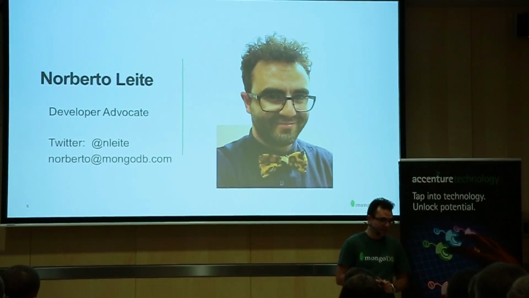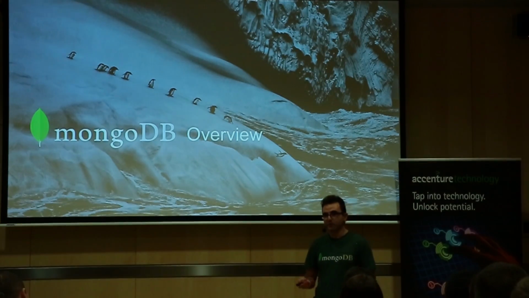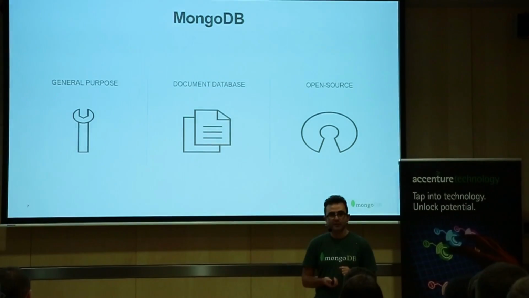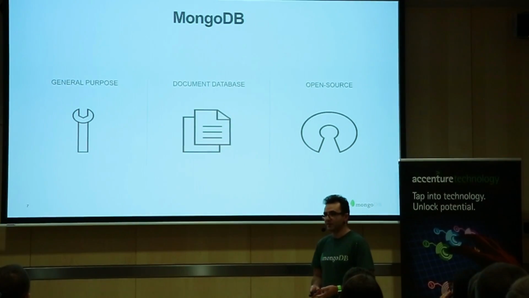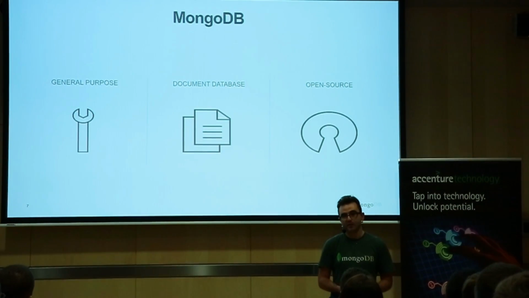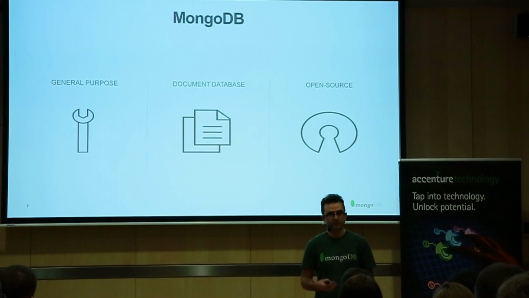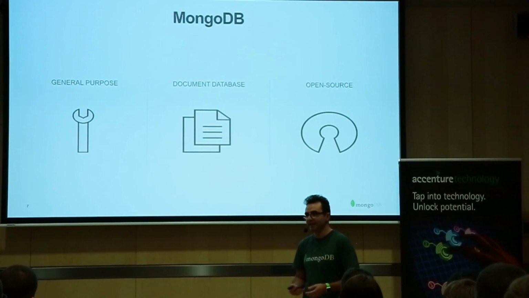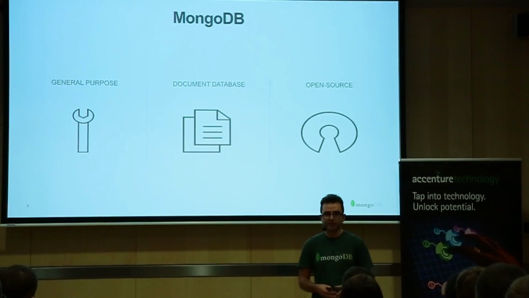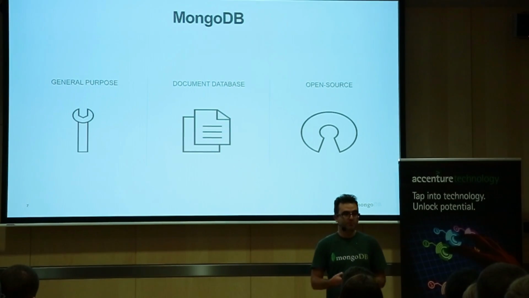So, a little bit of an introduction. For the ones who know about MongoDB, you probably know these three things. It's a general purpose, open source, document-oriented database. Document-oriented because, in contrast to typical relational databases, which generally store things in rows and tables, we store things in documents.